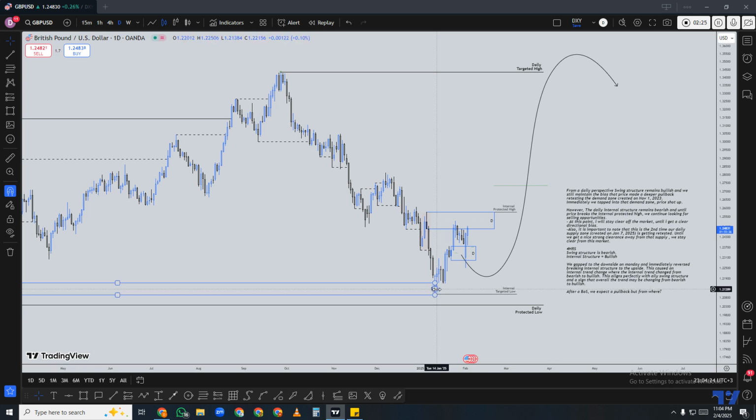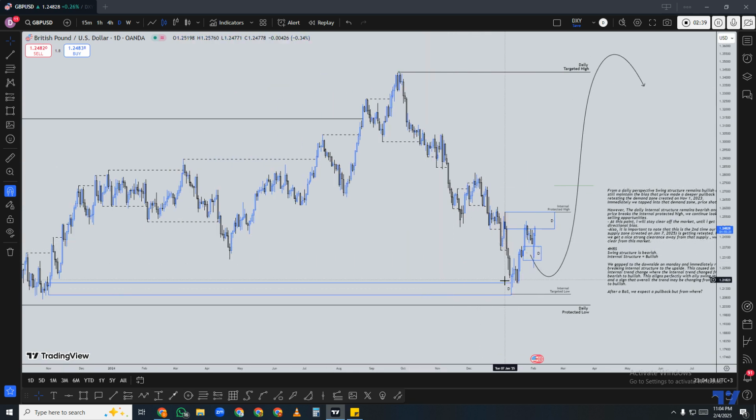We are coming from this deeper daily demand block, and that may be the start of the bullish trend forming.